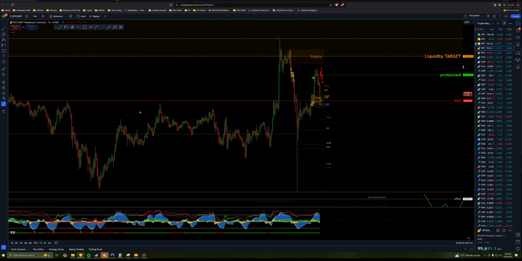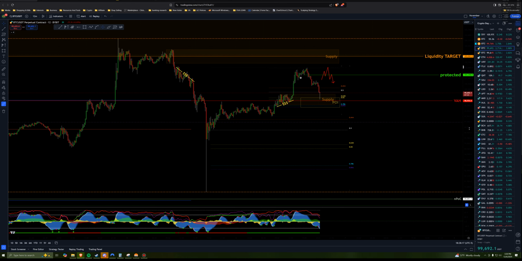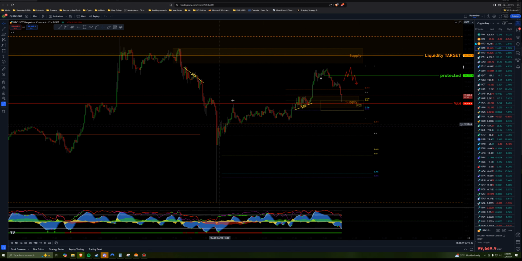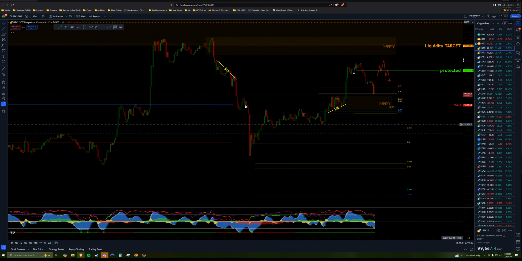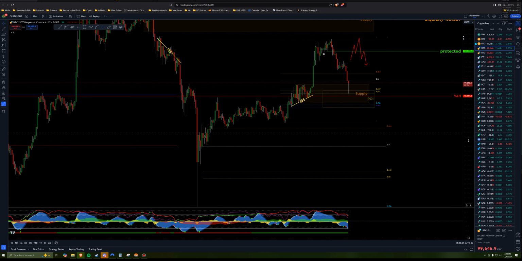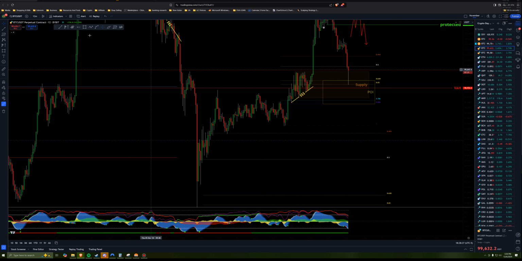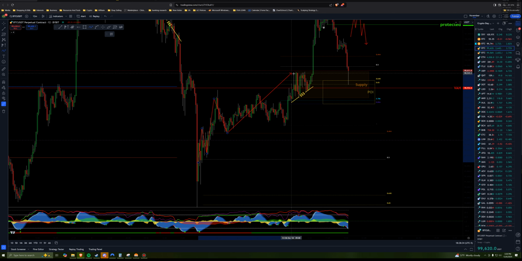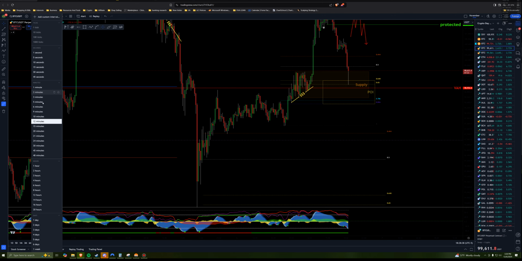So after all that happened, I just kind of stepped back, let price do its thing so we can have something to work with. I was watching this liquidity up here, and we had some easy trades with market structure, just following that. We've had a lot of SFPs, but for the most part, we've had a lot of market structure. Wait, let me go to a smaller time frame.